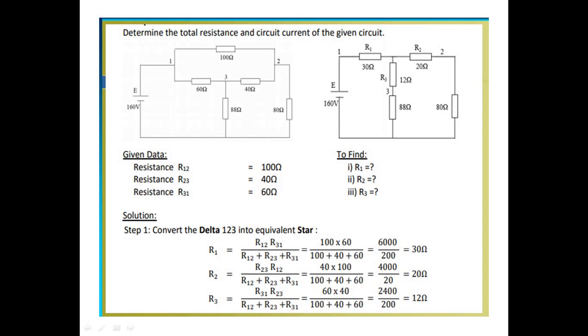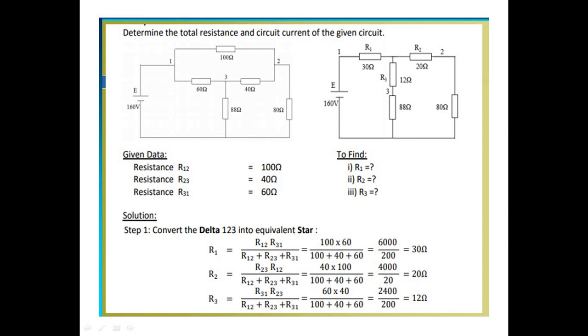Then find the values of R1, R2, R3. Here, first of all, in the circuit diagram, there is a series parallel combination, and then 100 ohm, 60 ohm and 40 ohm will be considered as a delta connection.